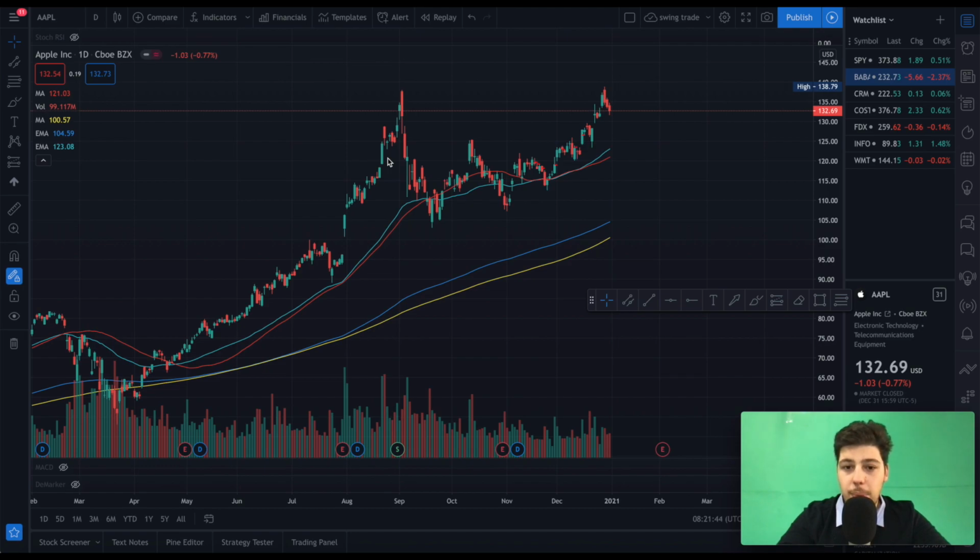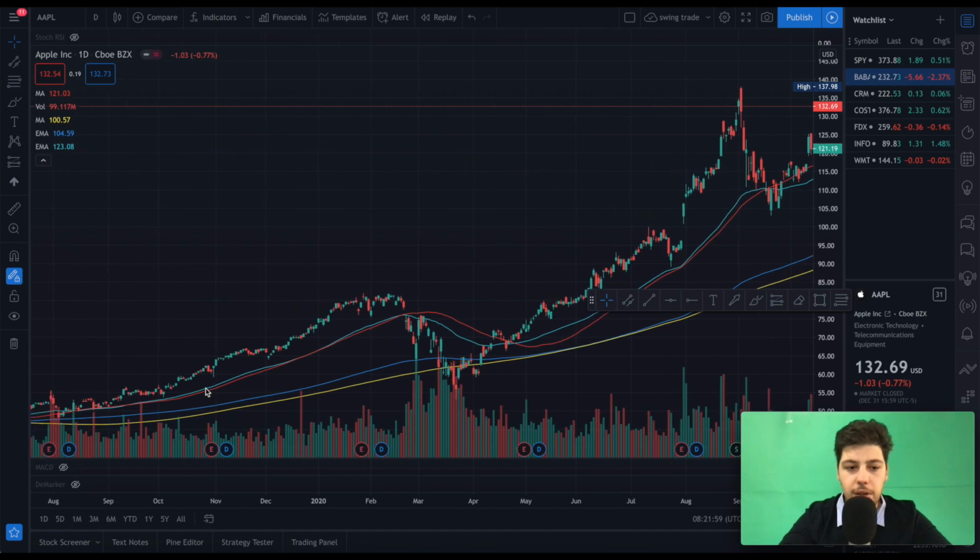A quick example on Apple, how simple moving average and exponential moving average are different. In yellow, this is the 200 simple moving average, and in blue, it's the 200 exponential moving average. As you can see here, Apple is on an uptrend, and the 200 simple moving average has a steady slope because it's an average of the last 200 candles.